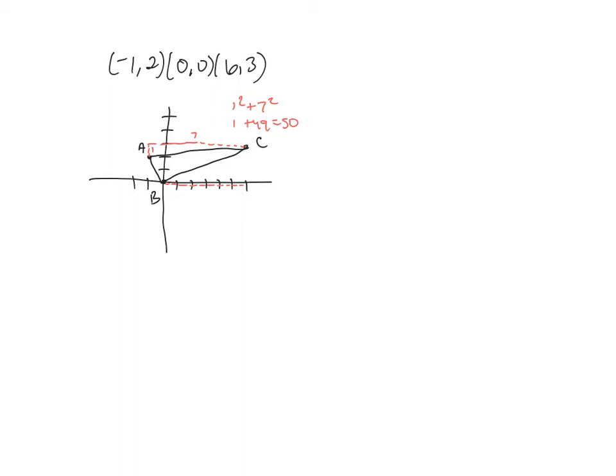If I wanted to know the actual length, then I would do the square root of 50, but I don't really care about the actual length. 6 squared plus 3 squared, 36 plus 9 is 45, and they're different. One's the square root of 45, one's the square root of 50. I don't care about the actual number, I just want to know, are they the same or different? So all the sides are different, so I'm going to have a scalene triangle.